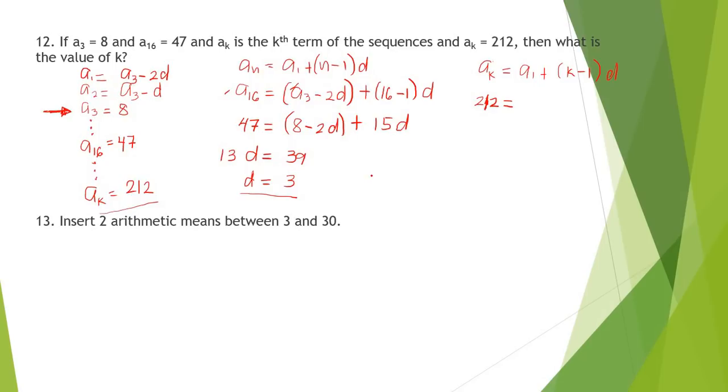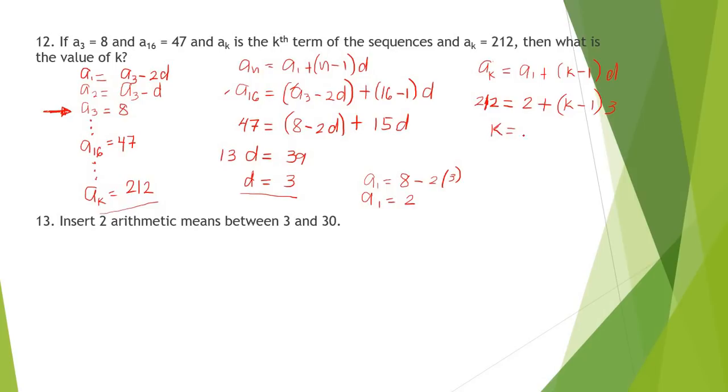Let us first solve for our a1. Our a1 is equal to a3, which is 8 minus 2 times 3. Our a1 is equal to 2. Okay, so let us substitute this value here: 2 plus k minus 1 times the common difference, which is 3. Our only unknown is k. Therefore, we can solve for our k.